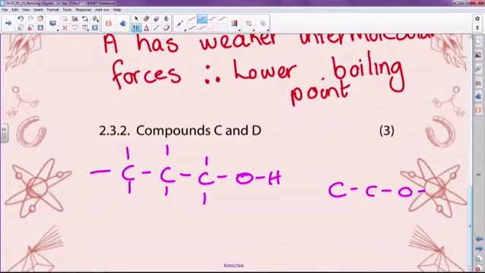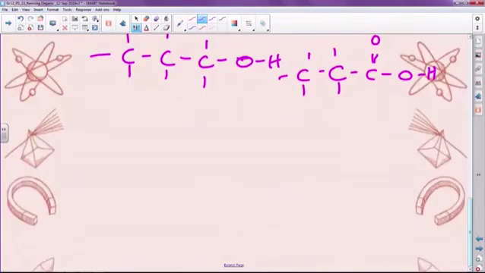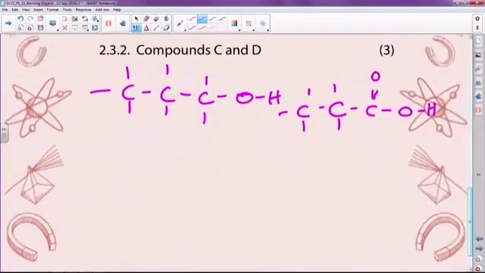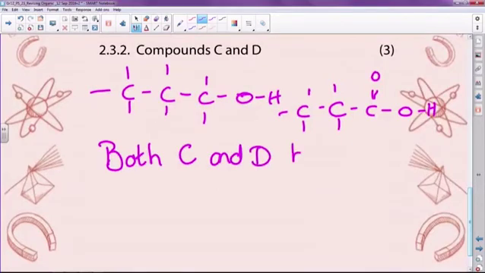Okay, let's just put another C there, H, double bond O. Now, both of these compounds, and they've asked us lots, both have hydrogen bonds. Both C and D have hydrogen bonds.